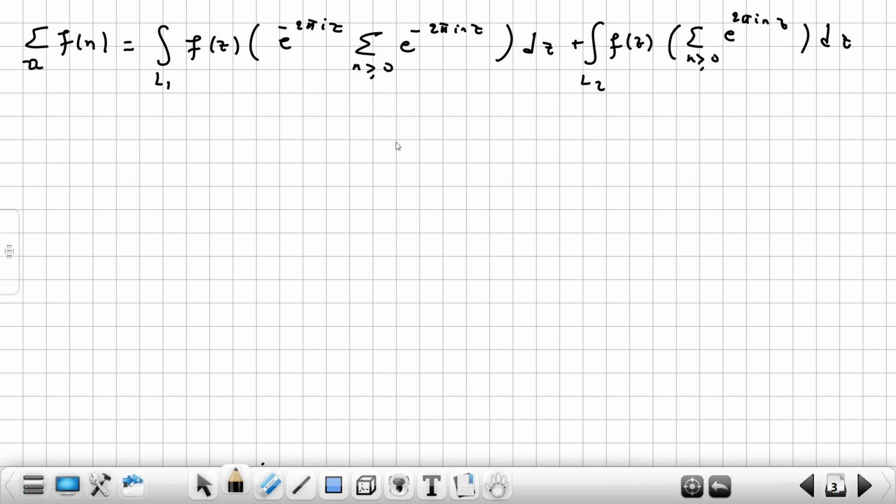Now collect everything and reduce, and due to the convergence we can interchange the summation and the integral.